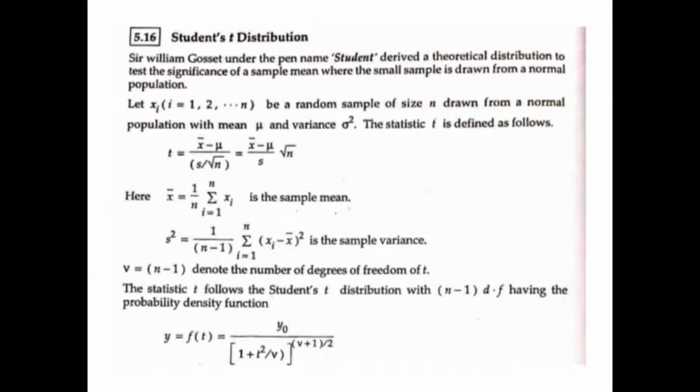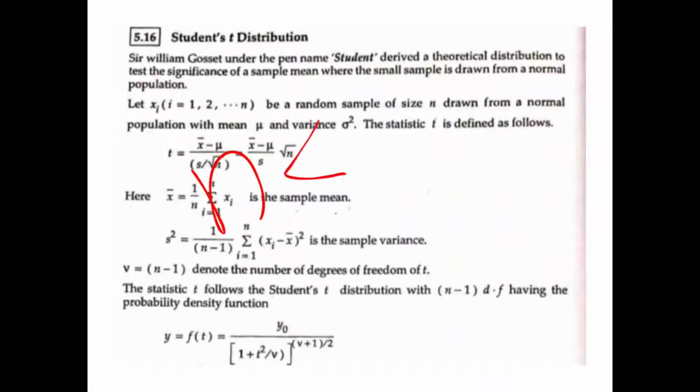So now let us see specific tests for small samples, that is, for the samples whose size n is less than 30. I have already told you the difference between small and large samples is only the size.